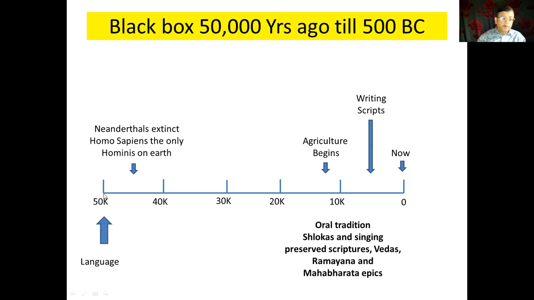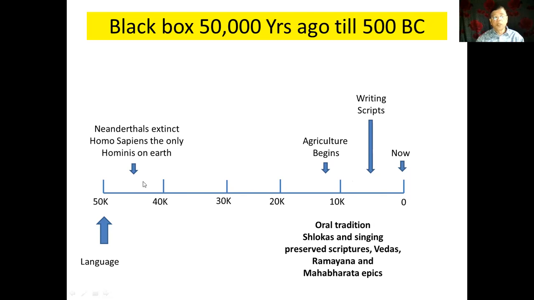And after that, they were communicating, they were living their lives, they were contemplating. Gradually, more and more complex contemplation was there. But we really know nothing of this black box. Our written history, again, at the most, goes till about few thousand BC. But this is 50,000 BC.